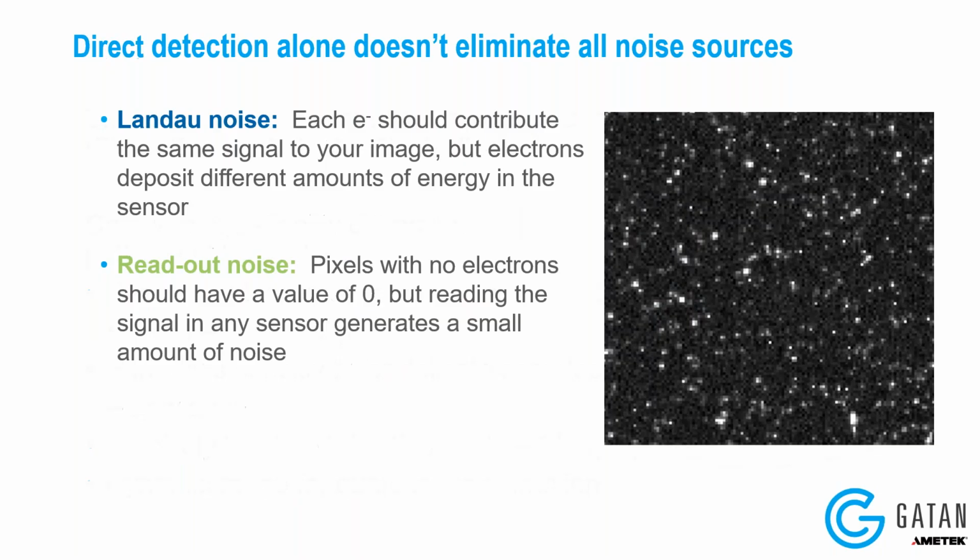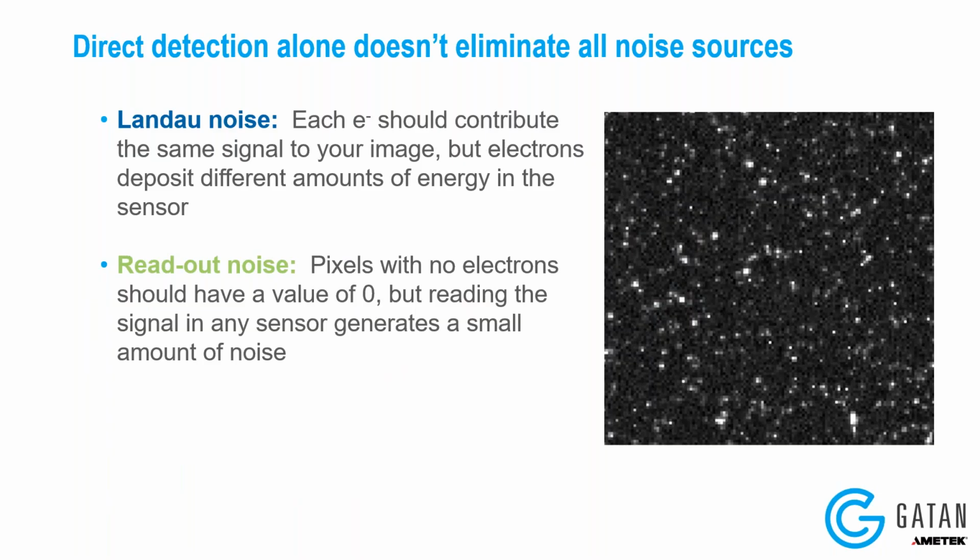So the Metro camera is what we would call a direct detection camera, but direct detection alone doesn't eliminate all noise sources. There are noise sources and blurring effects that you would get from a scintillator-based camera, any scintillator-based camera, no matter how high quality, that would be eliminated by using direct detection.